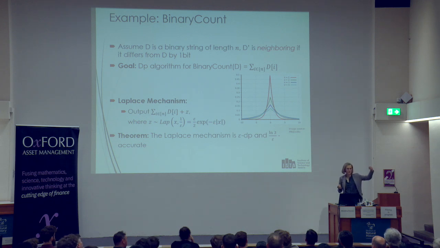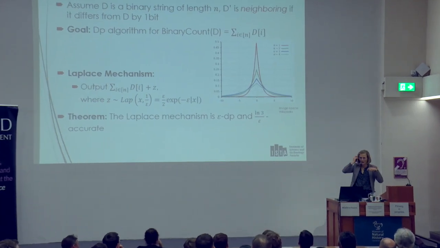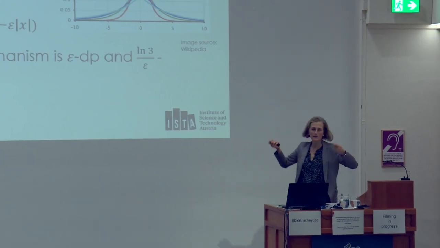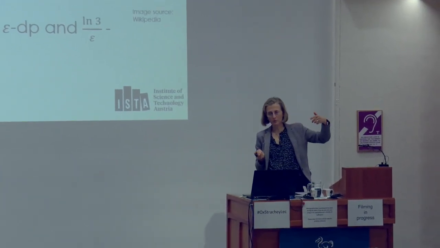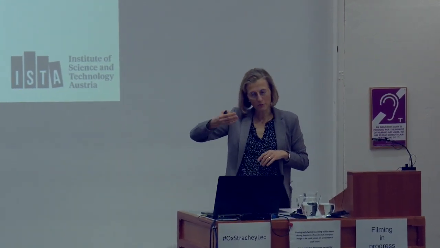The first string has 0 in the first bit, the other string has 1 in the first bit. Now consider the probability that for the first one you picked a 10, so you would output the true answer plus 10, and the probability that for the second one you picked a 9, which in this case would output in both cases the same thing, namely the true answer of the first one plus 10, because the second string had the first bit set.